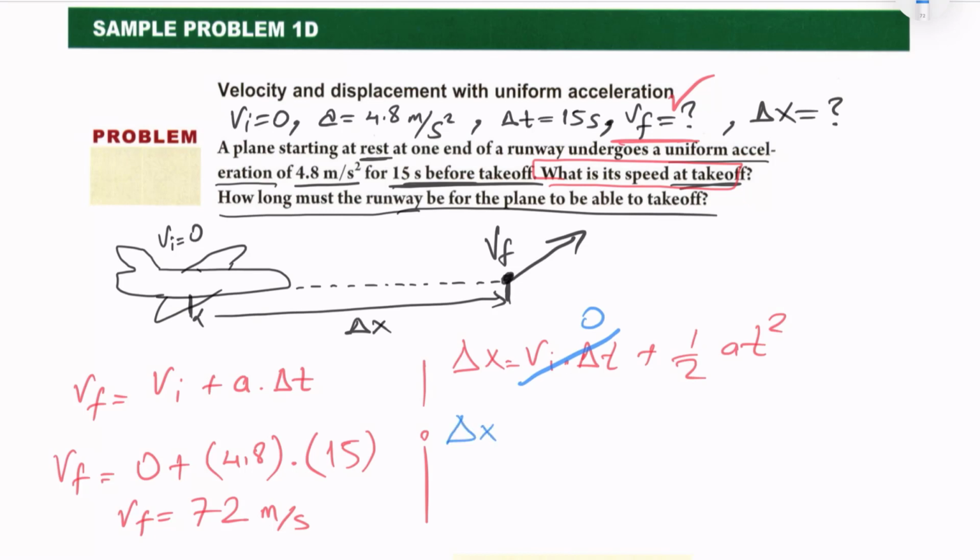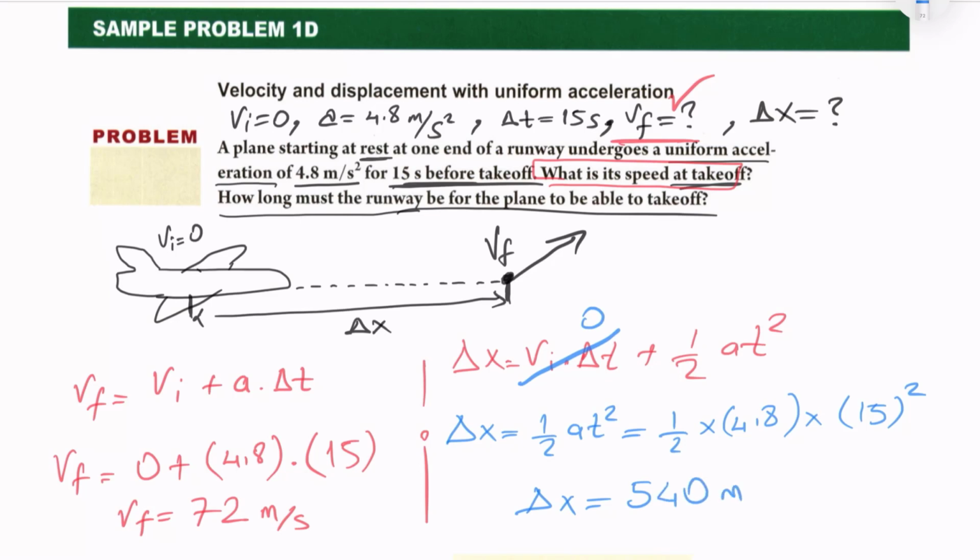So delta x will be equal to half a t squared. So it will be half, the acceleration 4.8, multiplied by t squared, the square of the time. Time is 15, so it will be the square of 15. So delta x is gonna be 540 meter. So this is the answer to the second question.